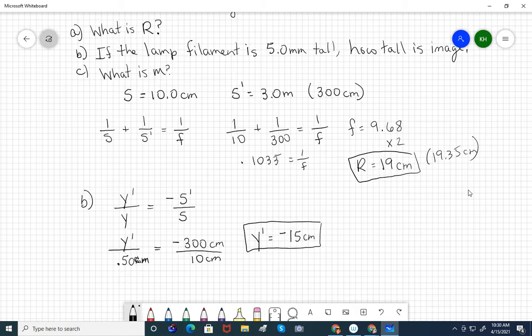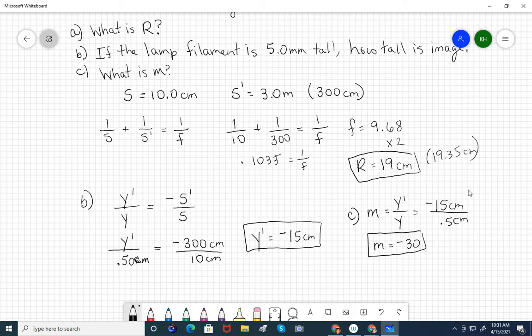C wants to know magnification. Magnification, remember, we can do 2 ways. You can say that M is y prime over y. So negative 15 centimeters over 0.5 centimeters. It's going to give me a magnification of negative 30.